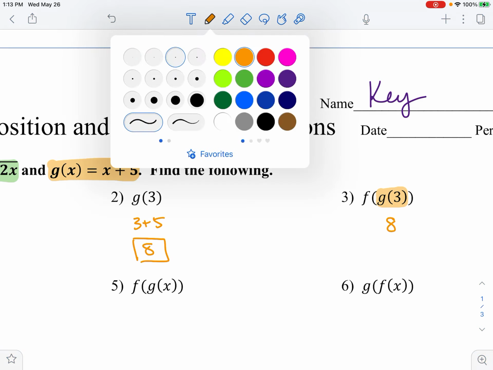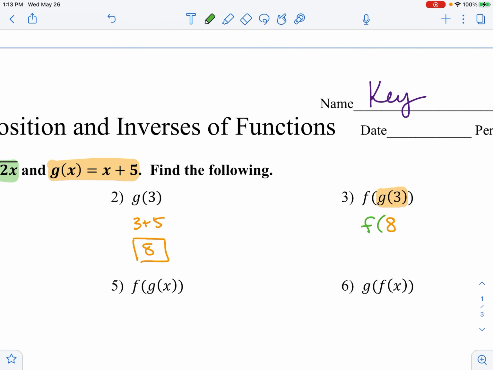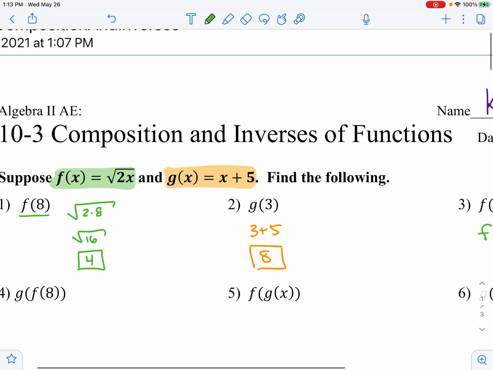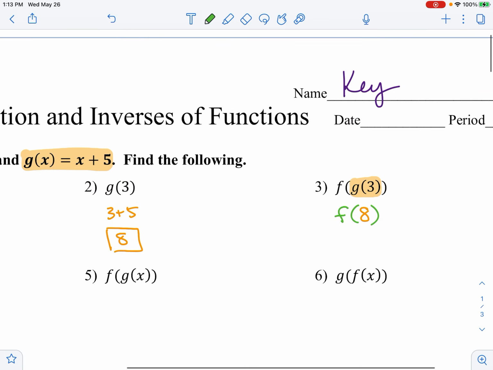So now what I'm really asking is, what is f of 8? We already did that in question number 1, so I don't have any more work to do. I can just say my answer is 4. If I hadn't already done questions 1 and 2, it's the same process as questions 1 and 2.